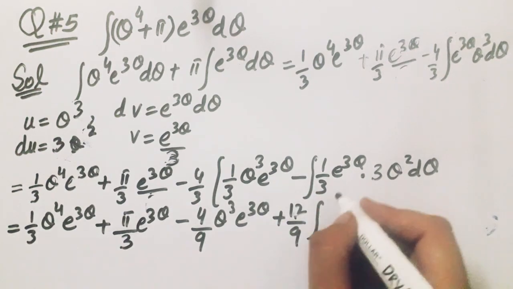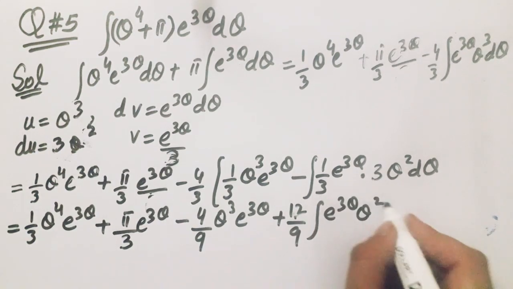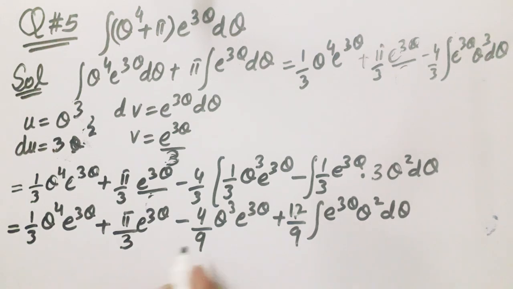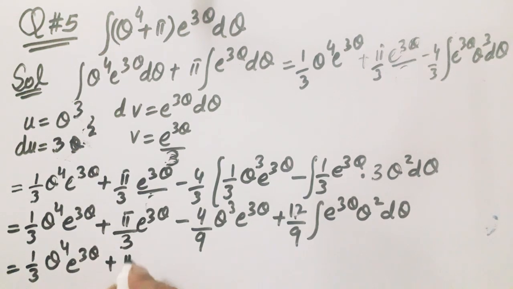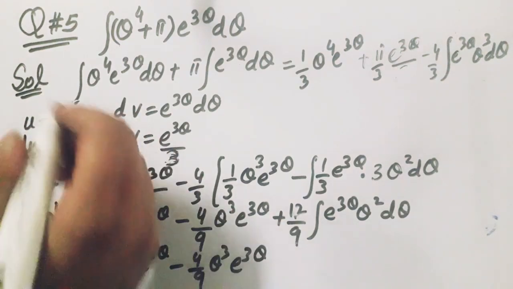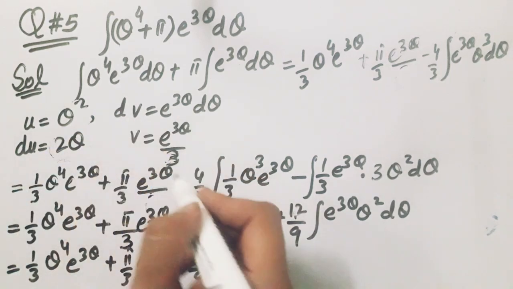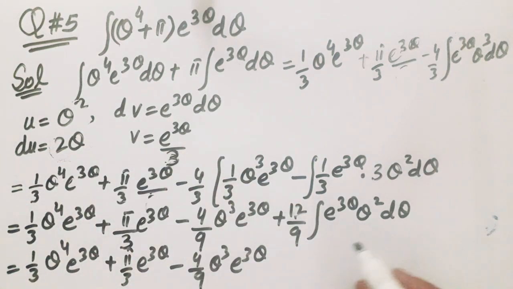So 12/9 ∫ e^(3θ) θ² dθ. Now again apply here integration by parts, which will give you 1/3 θ⁴ e^(3θ) plus π/3 e^(3θ) minus 4/9 θ³ e^(3θ). Now here the function u will be equal to θ² and du will be equal to 2θ, and dv remains the same and v also remains the same.